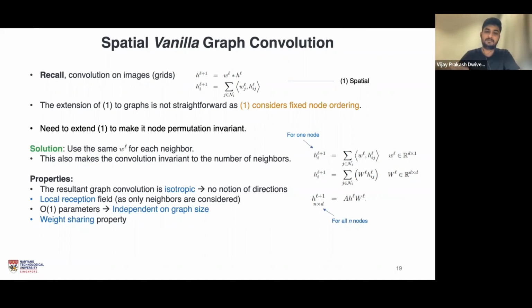We can have a constant number of parameters that do not depend on the input size. And finally, we have weight sharing, because the same function with the weight W_l is applied to each of the nodes. These are very good properties that we have when we generalize the spatial convolution to graphs. This is a very basic model, not very powerful, but from here we start building on very good graph neural network models that are being used in recent times.